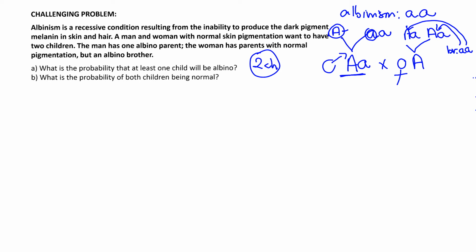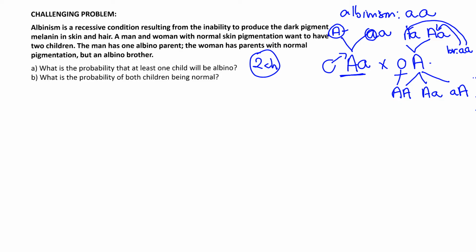So she has normal skin pigmentation. So what are the possible genotypes she might have? She might be homozygous dominant, or heterozygous in two ways. She can get a dominant allele from the first parent and recessive from the second, or she can get a recessive allele from the first parent and dominant from the other.